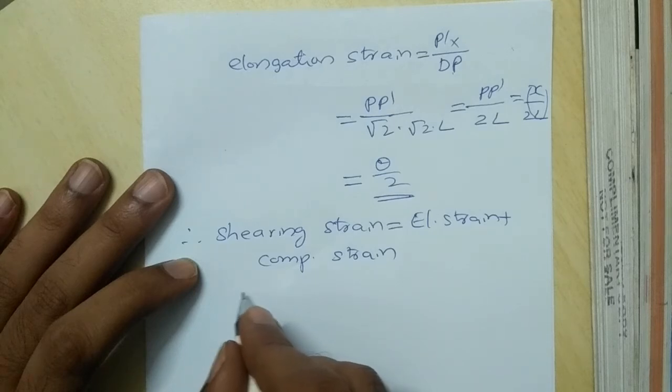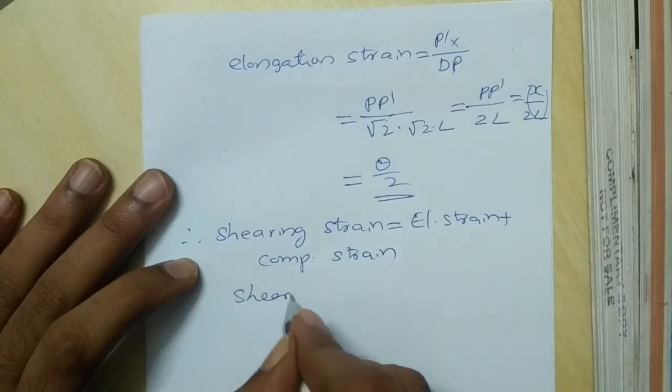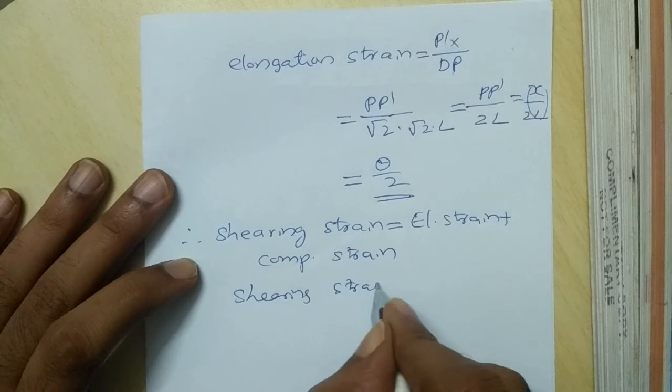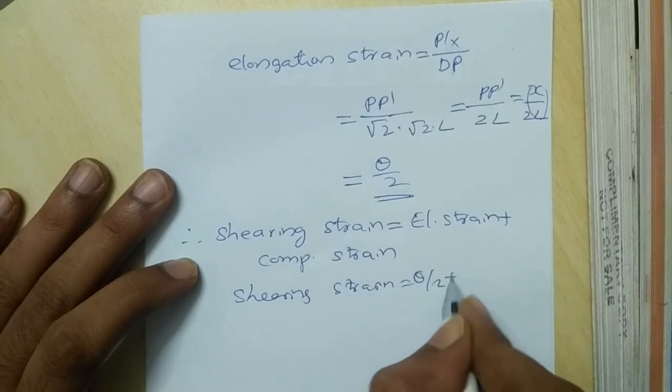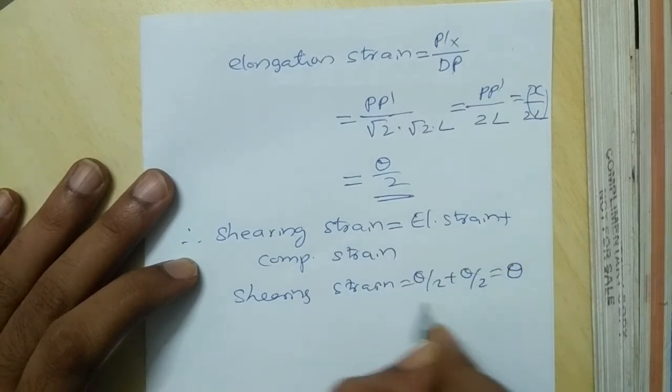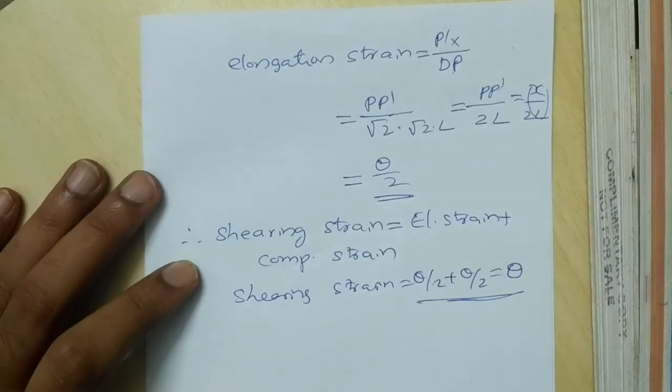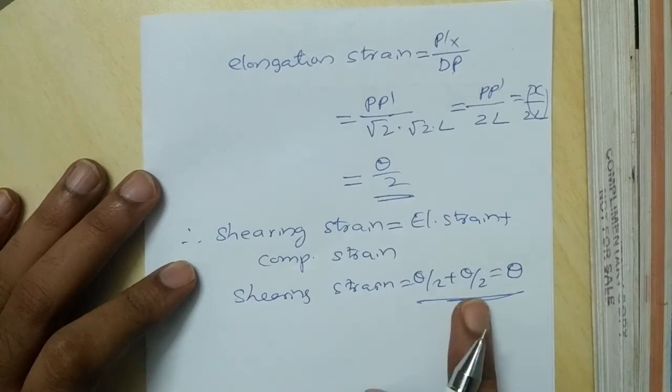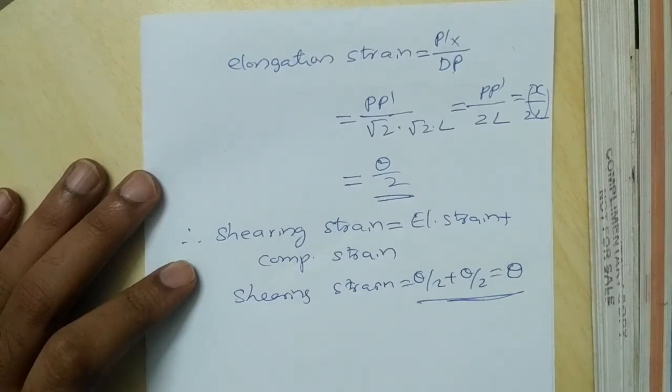Therefore, shearing strain is equal to theta by 2 plus theta by 2, that is equal to theta. So this is the expression which relates shearing strain, elongation strain and compressive strain.